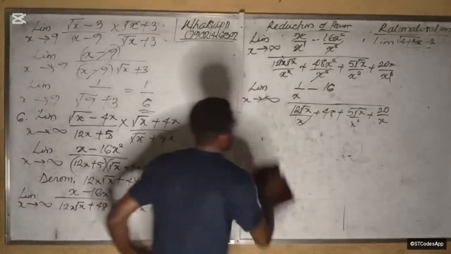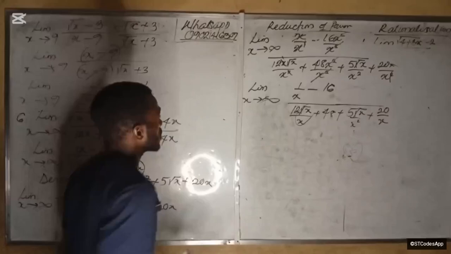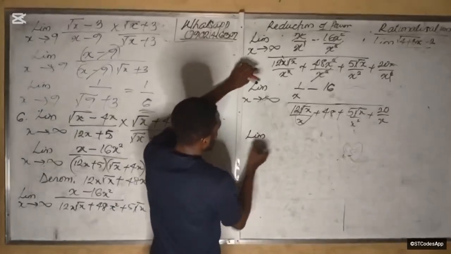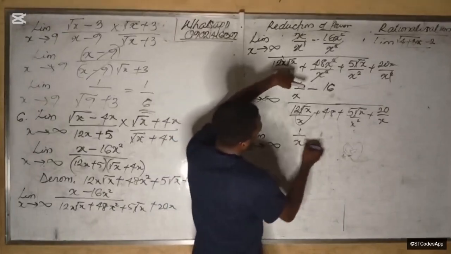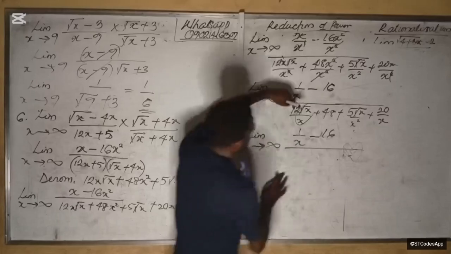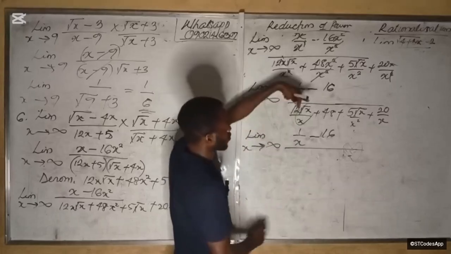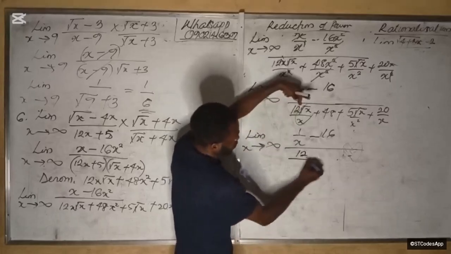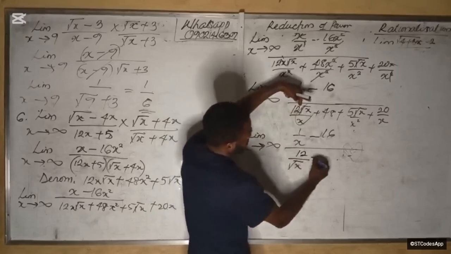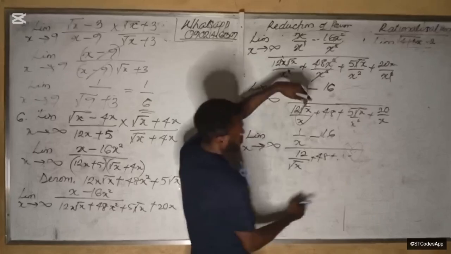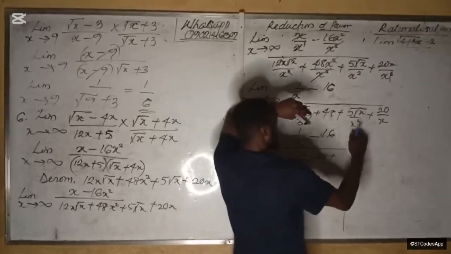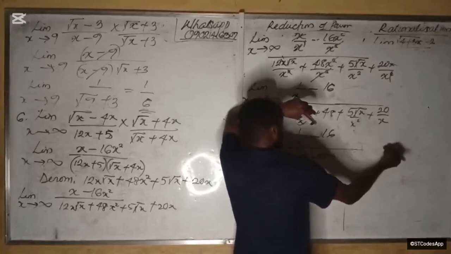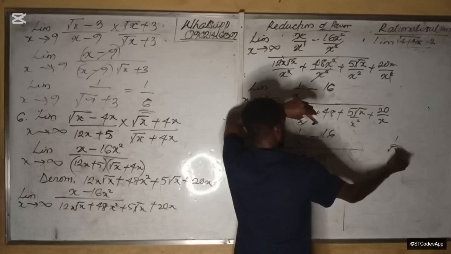So it becomes the limit as x approaches infinity of 1 over x minus 16 over, we said this one will become 12 over root x plus 48 plus, we said this one will become 5, what we got was 1 over root x raised to power 3.